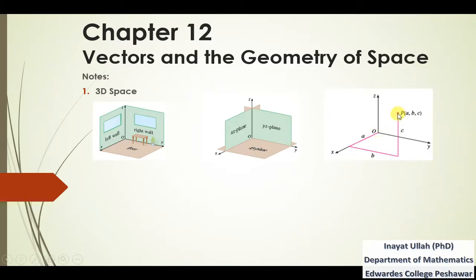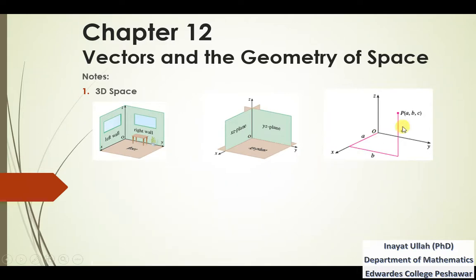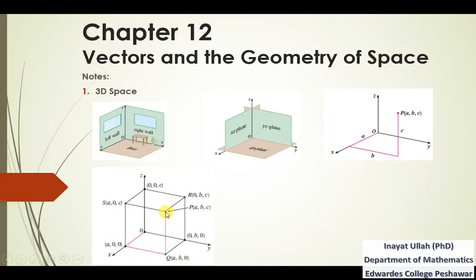So this point will be somewhere in your room in the space. So the point which contains three coordinates x, y, and z actually lies in the 3D space. This is the point (a, b, c).